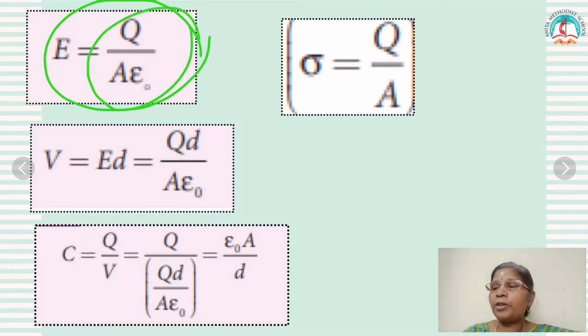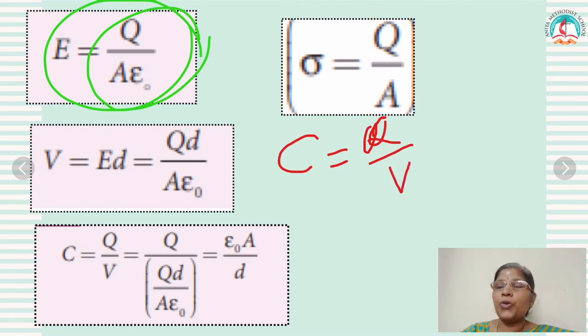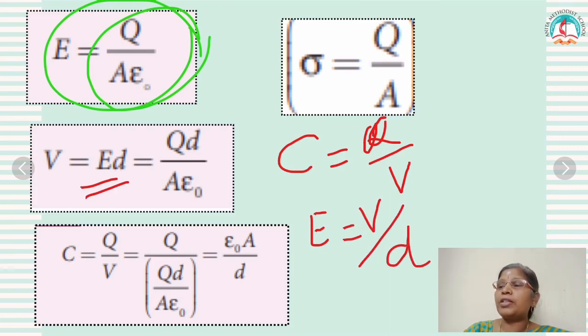Now you are calculating the value of capacitance. What is the formula for capacitance? C equals Q divided by V. So V equals E into D. With the help of the formula, E equals V divided by D. From this, V equals E into D. Substitute the value of E in this equation.